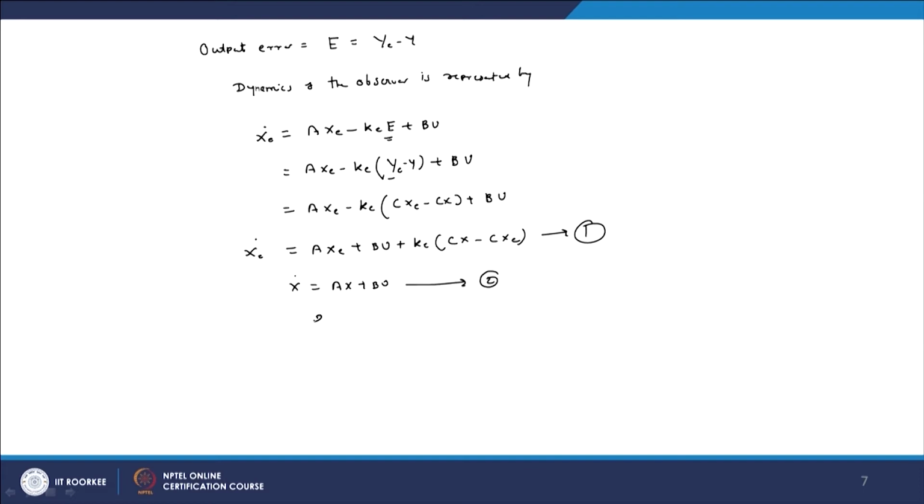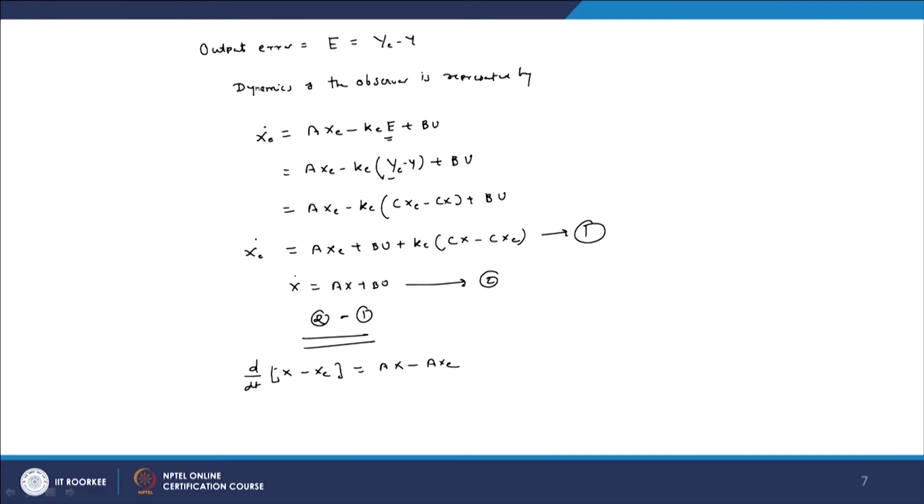Now we subtract equation 1 from 2, that is, the differentiation of x minus xc equal to A x minus A xc.